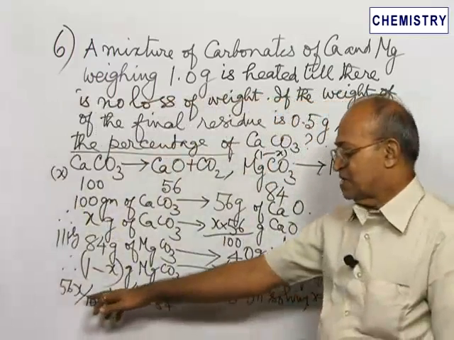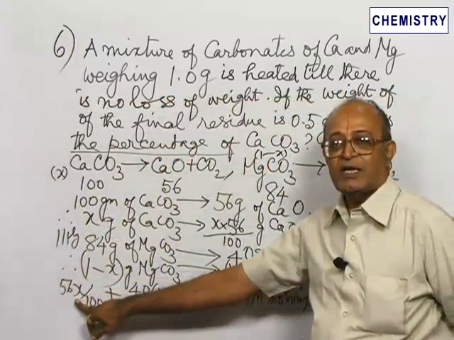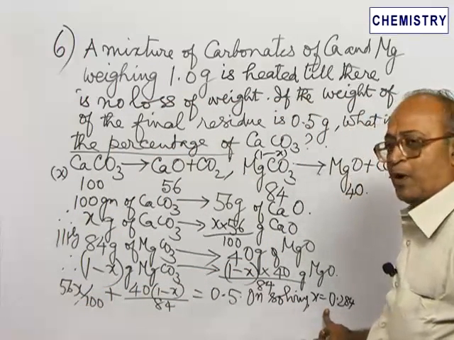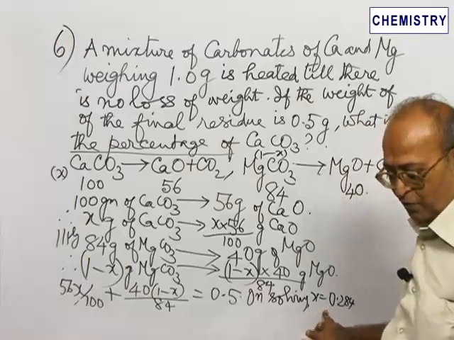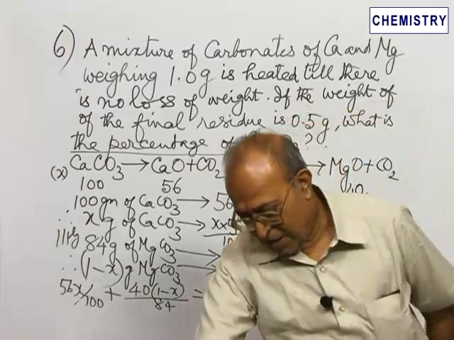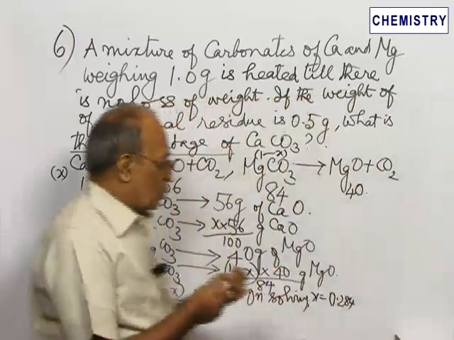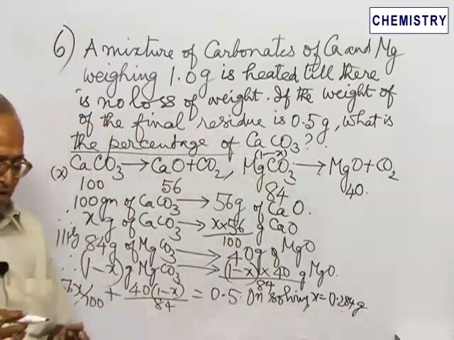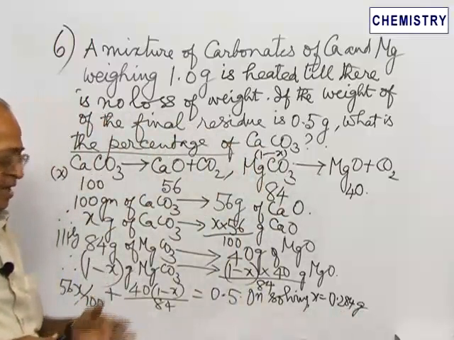You can solve this and get a value for X. This X works out to be 0.284 grams. Of course, roughly we can say X may be correct.